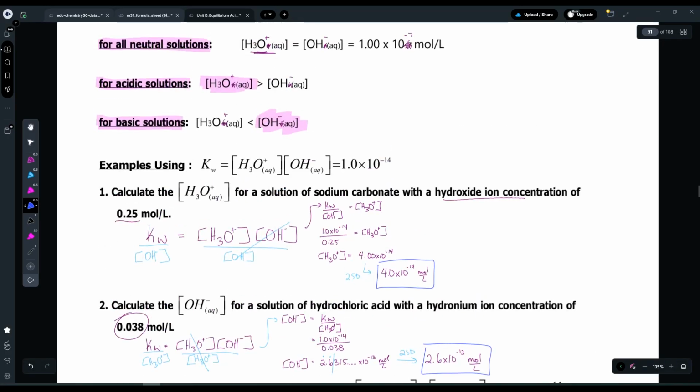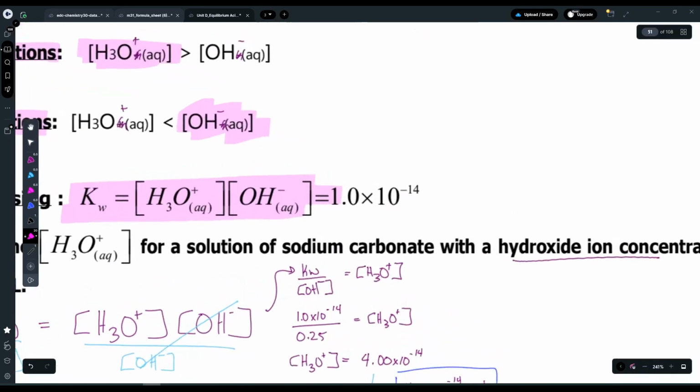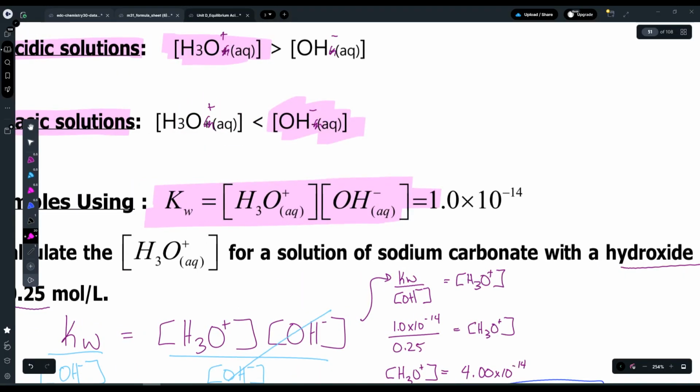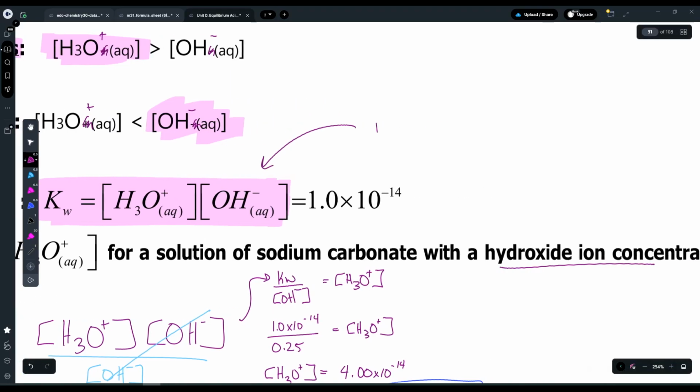One last thing is that this formula is not given to you in the data booklet. The constant for Kw is given to you on page 3 of the data booklet. However, this formula is not given, so I highly recommend that you memorize it.